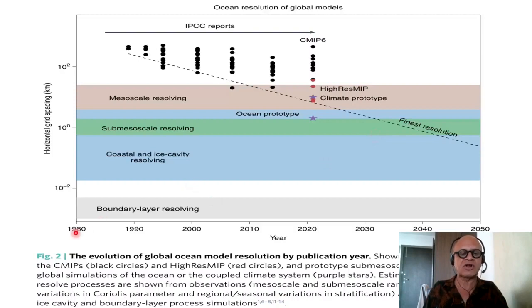Historically speaking, starting from the 1980s and what we expect by 2050, if we look at the horizontal grid spacings in kilometers with the various processes here, obviously IPCC reports have relied on coarser resolution models. They have added more and more complications in terms of sea ice, land ice, dynamic vegetation, carbon cycles, and so on.